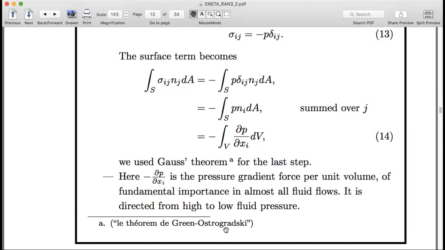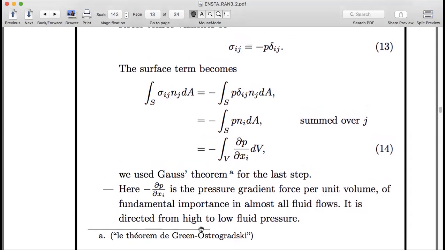But mathematicians are different. I said this to a Dutch mathematician, and he said, "What? Green-Ostrogradsky, who's that?" But he's taught longer than I have in the math department in France, in Brest. So for him, it's Gauss, because he's part of the Anglo-Saxon tradition. So it's a bit funny.